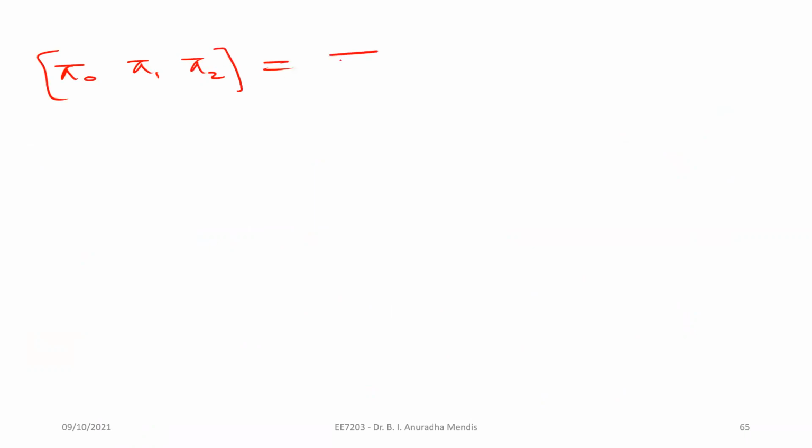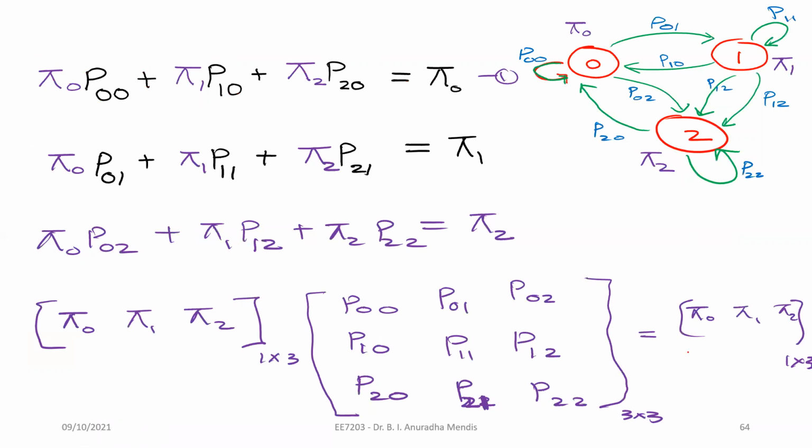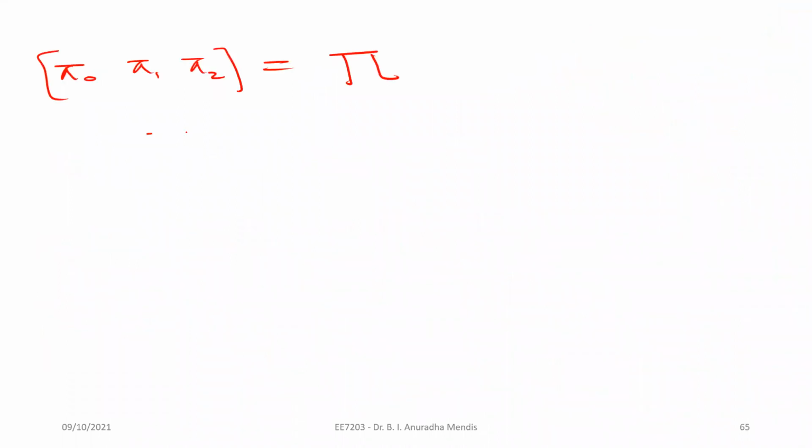This matrix I will note with another symbol, phi, and this matrix I can name as another P, big P. Okay, what I can write now is phi P equals phi.